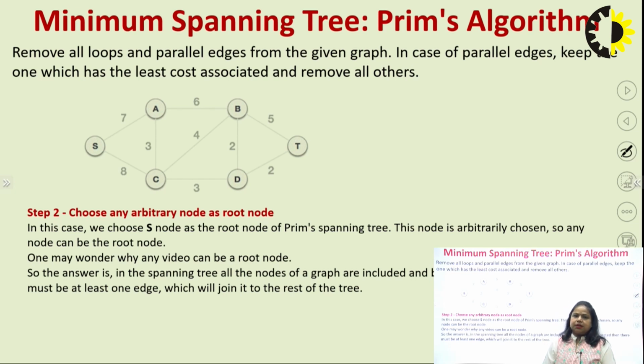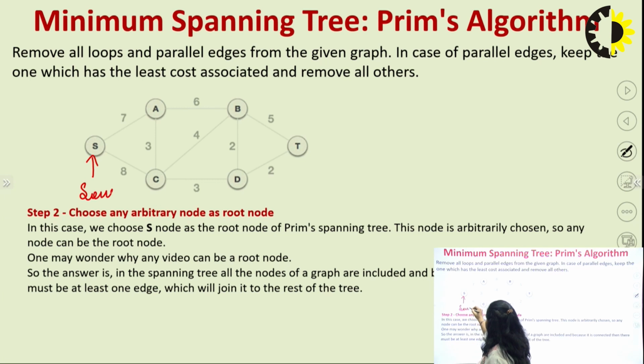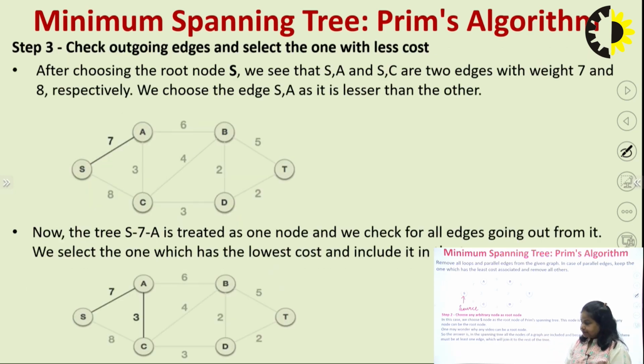In the second step, we choose one arbitrary node. Arbitrary node means where we start from; it is also called the root node or source node. For example, in this case, we choose S as the source node or root node. After choosing the root node, we check the rest of the tree depending upon S as the source node.